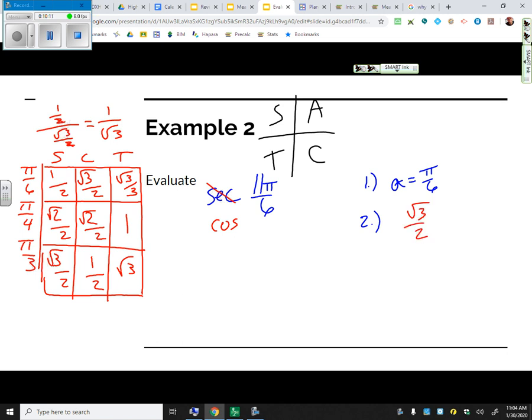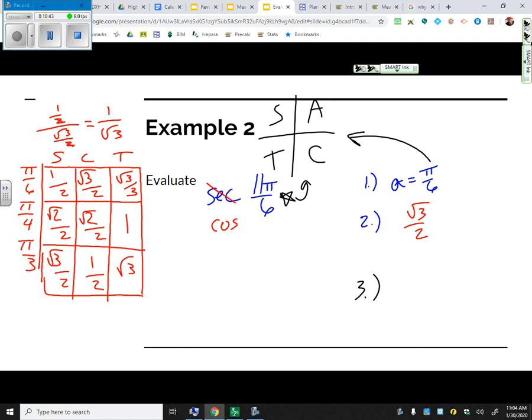Now, step 3, I want to affix it with the appropriate sign. All right, so 11 pi over 6 is in which quadrant? I still have people saying, well, pi over 6, I'm landing in the first quadrant every time. And you will if you're using your reference angle. So I want to go back and use this 11 pi over 6. Which quadrant does it land in? Lands in the cosine quadrant. What's the only thing that's positive in the cosine quadrant? Cosine and secant.